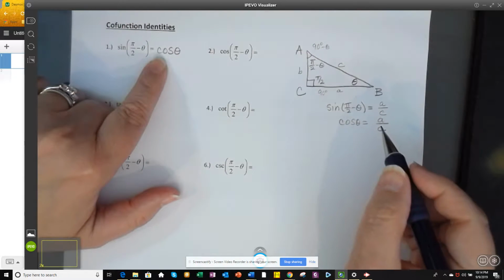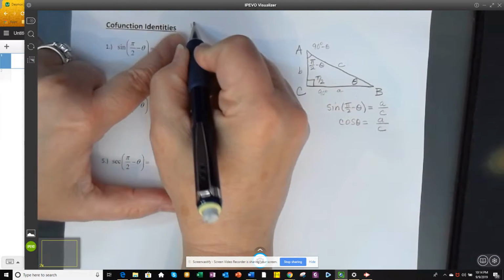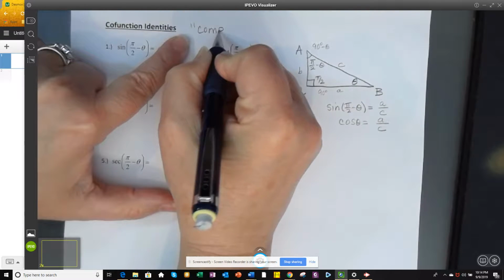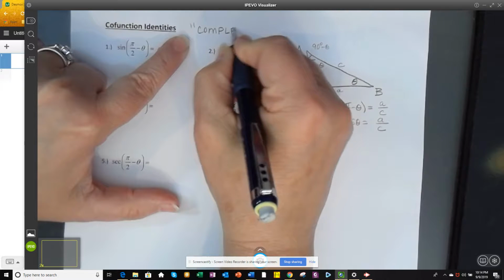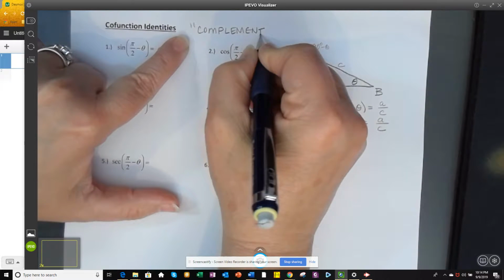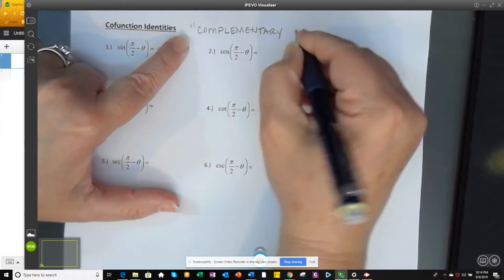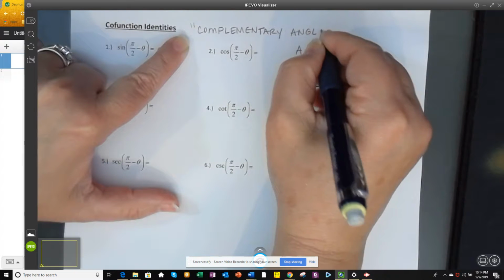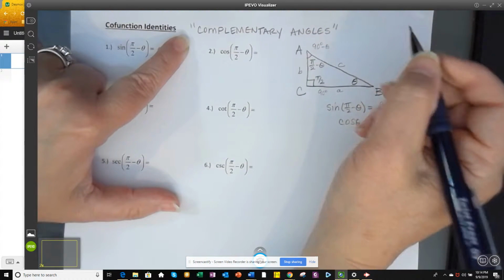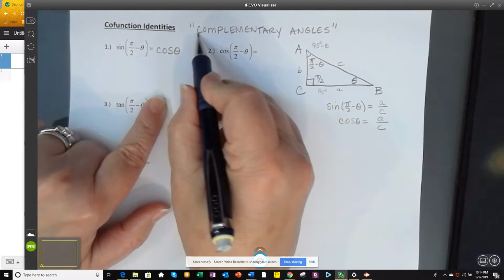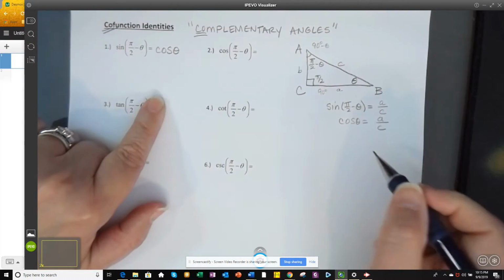And this works because they're complementary angles. Complementary, cofunction identities. All right.